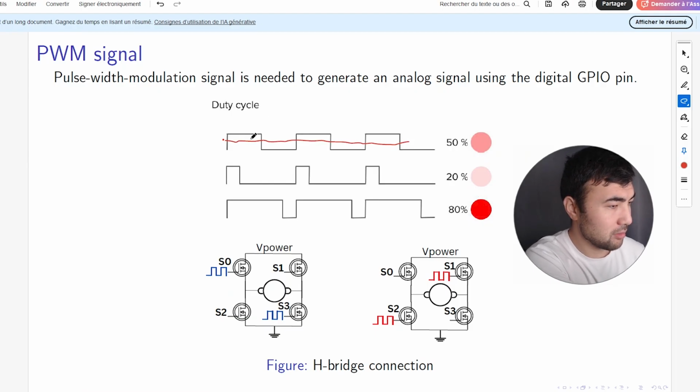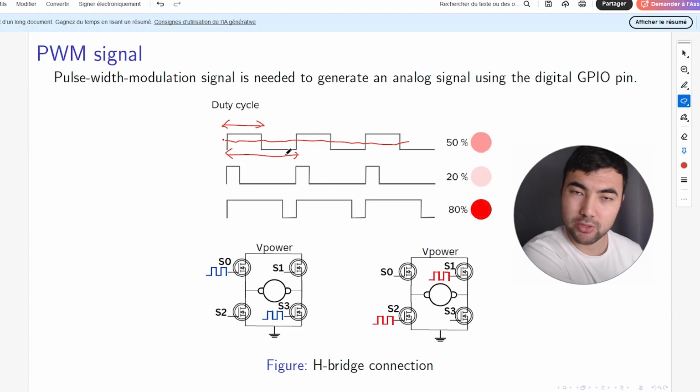And this stable level depends on the duty cycle, which is the ratio between the high state and the period of the PWM signal. So if we close the gates 50% of the time, like half of the time, the level will be half of the power supply.